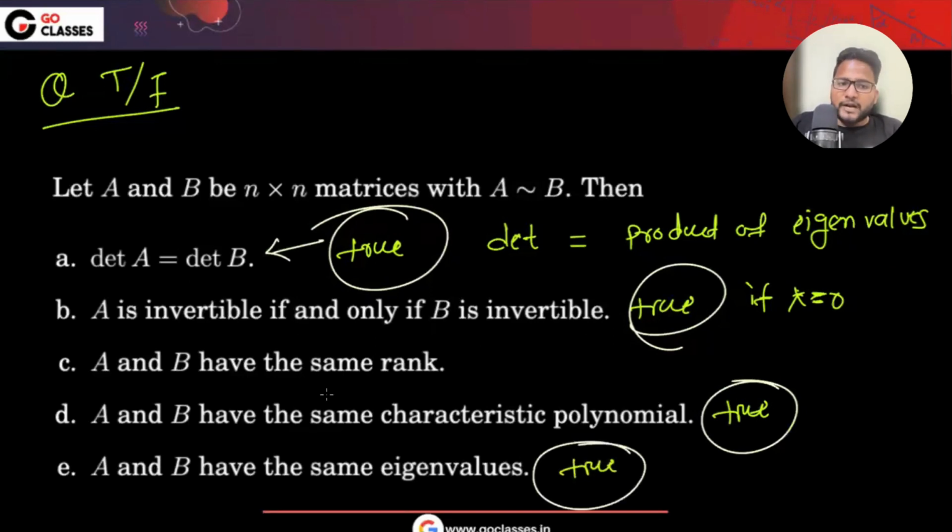They have the same rank. Is this true or false? What do you think? No, same eigenvalue is okay, but same rank, how can we be sure that they have the same rank?